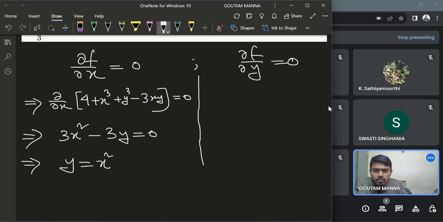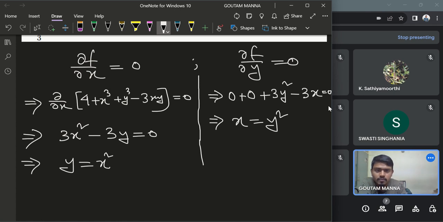And now from the second relation, del f by del y equals 0. So it will be del del y of this function. The first term is 0. Then the second term, del y of x cube, is again 0. And del y of y cube is 3y square. And del y of minus 3xy is minus 3x, equal to 0, which means x equals y square.